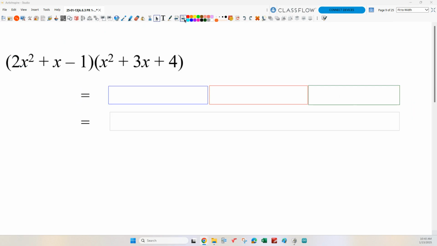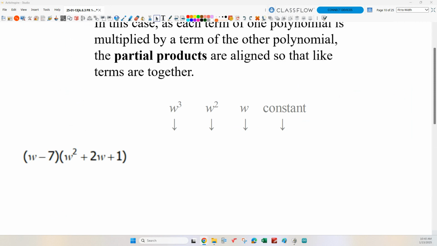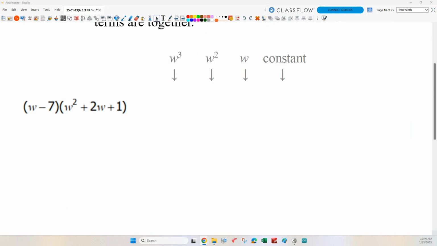So, for example, if we were going to multiply something like this together, I've got a binomial times a trinomial. To me, it's always easier to just distribute from the polynomial that has fewer terms, so you only have to distribute twice instead of 3 times. The answer's going to be the same. Does that make sense? Okay, I mean, you can do it either way.